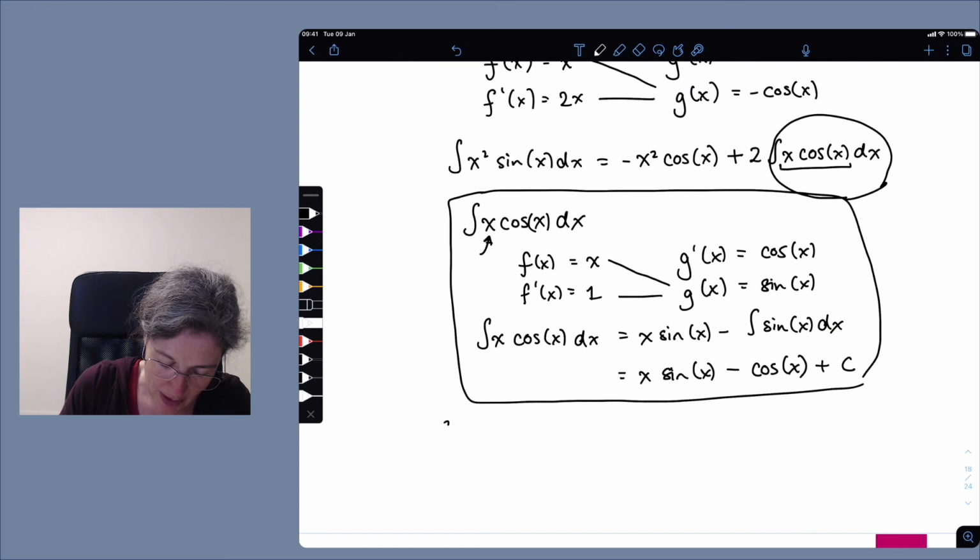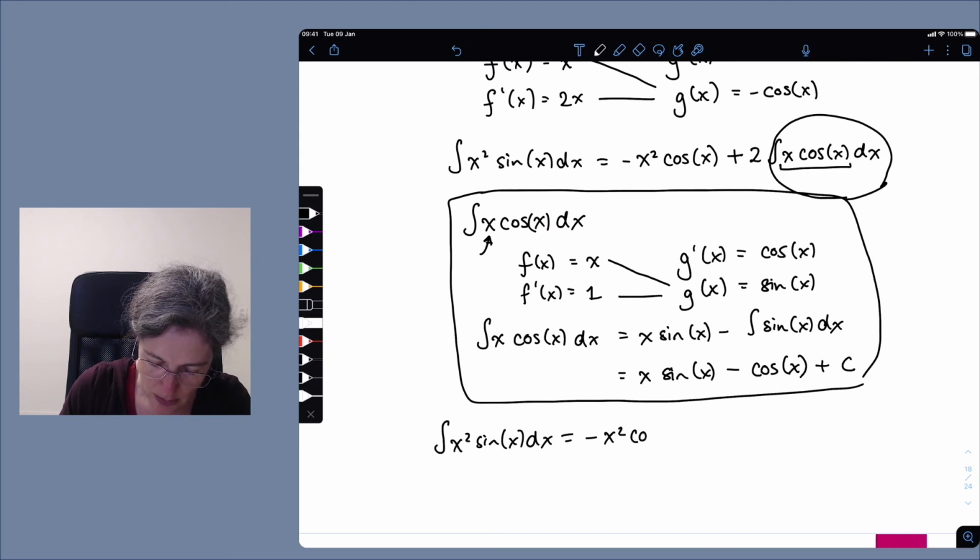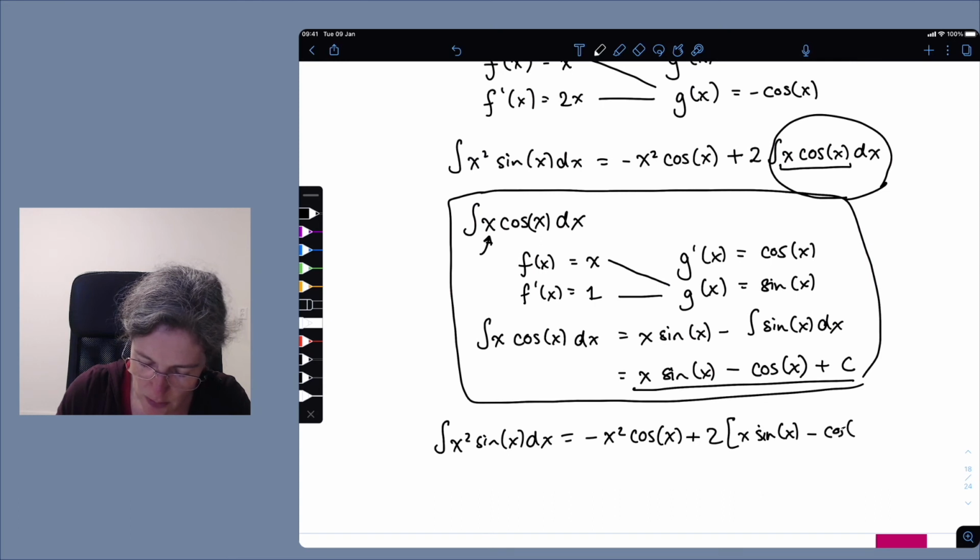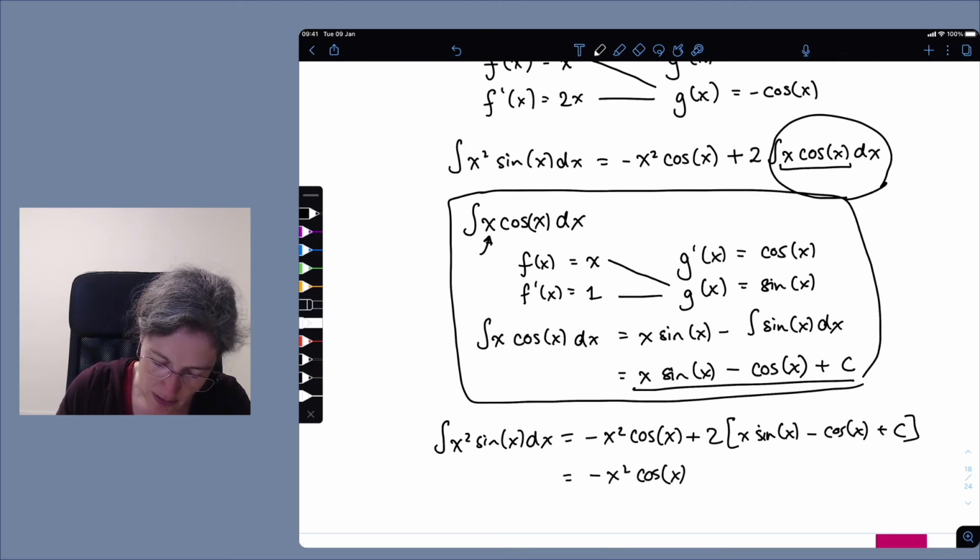So finally we have the integral of x squared sine of x dx is equal to minus x squared cosine of x plus 2 times this thing over here, x sine of x minus cosine of x plus c. And if we tidy this all up, we're going to get minus x squared cosine of x plus 2x sine of x minus 2 cosine of x.